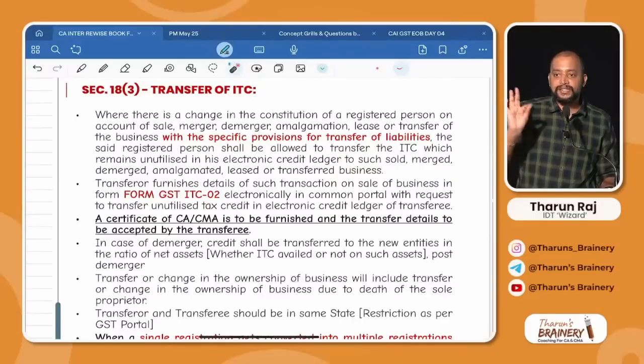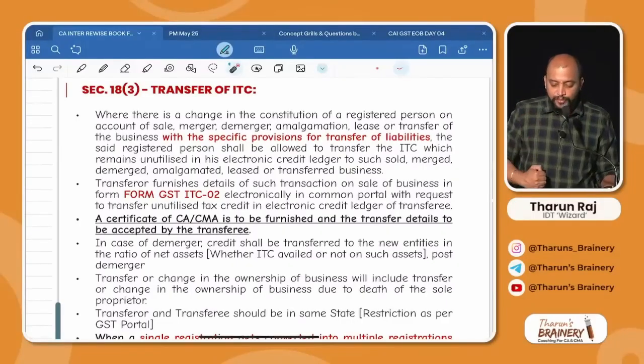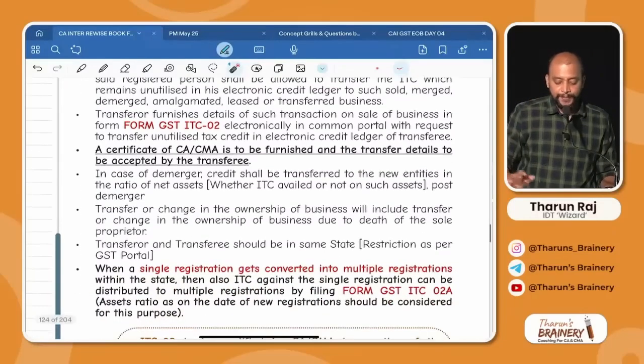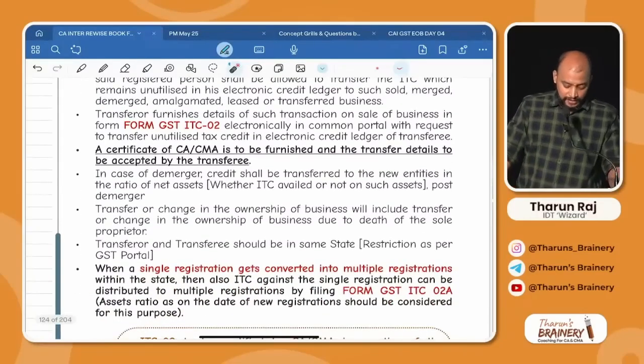Simple. Whenever there is a transfer of business with specific provision for transfer of liabilities, from transferor to transferee, ITC will be transferred.